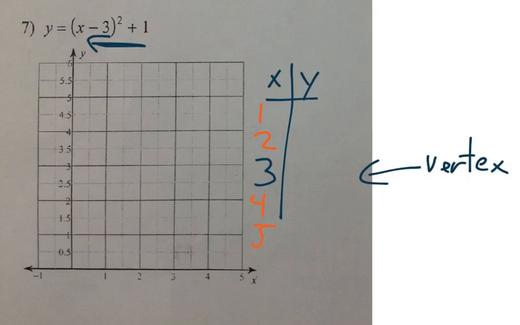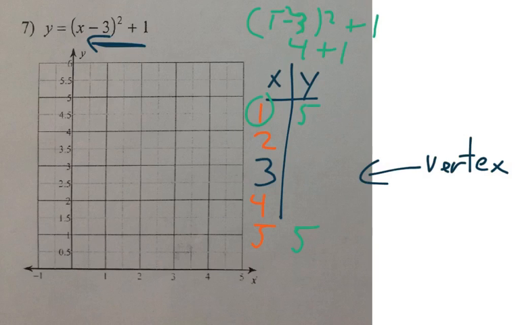We might as well start with 1. So I got 1. I'm going to use green here. I got 1 minus 3 squared plus 1. 1 minus 3 is negative 2 squared. I get 4 plus 1 is 5. By symmetry, guys, 5 is also going to be 5.